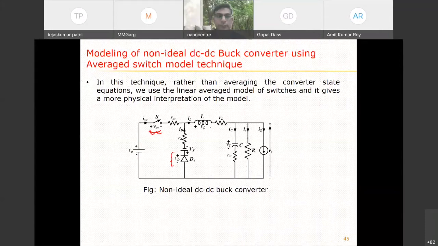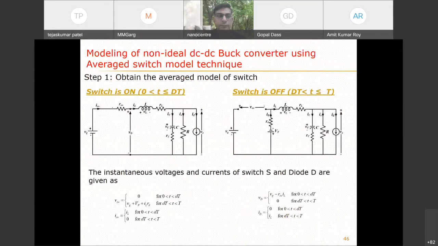Now in this switch model technique, rather than writing the equations across inductor and capacitors, we get the averaged model of switch and diode.